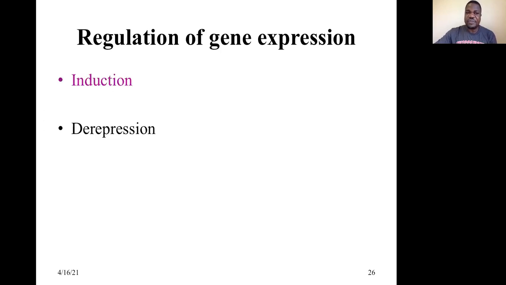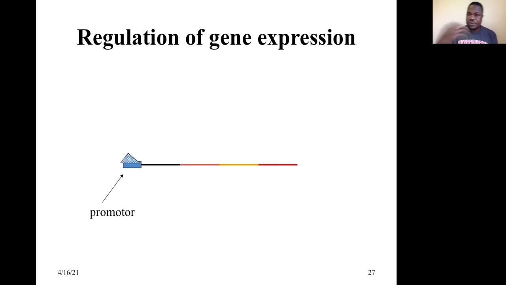But then the regulation of gene expression is done either through induction, and we have seen how it can be induced, or through derepression. Now, let's look at how the derepression happens.